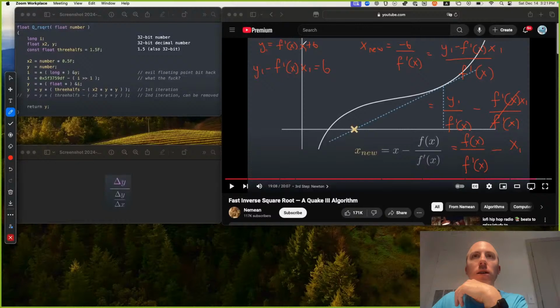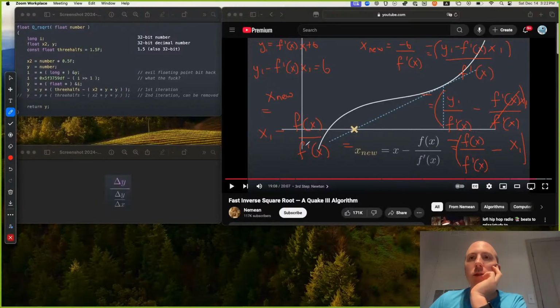Oh, b is equal to y1 minus, but we need a whole negative around this because it's negative b. So we just say it's equal to x1 minus f of x over f prime of x, and this is equal to the x new.